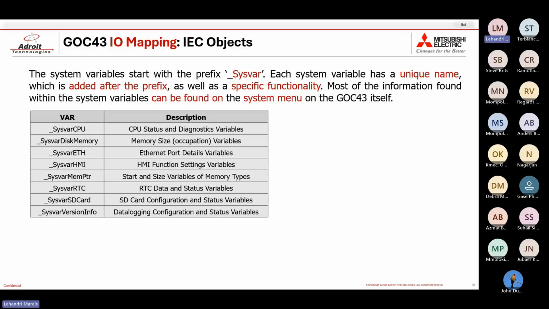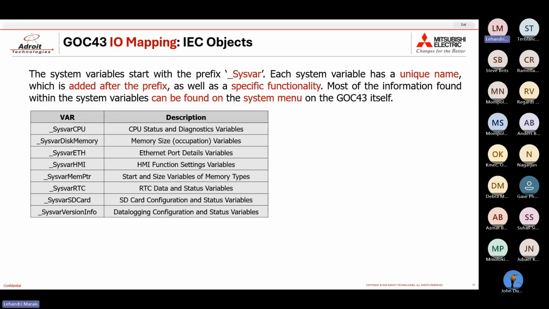The system variables start with the prefix underscore sysvar, followed by a unique name after the prefix, which indicates its functionality.